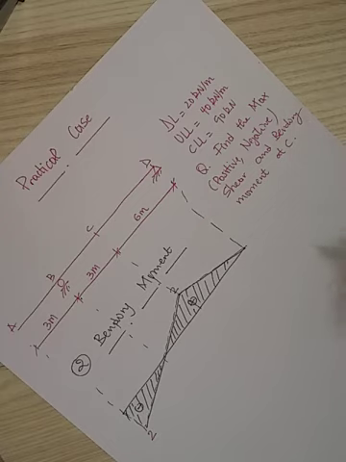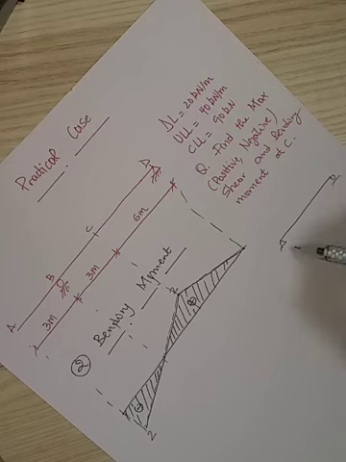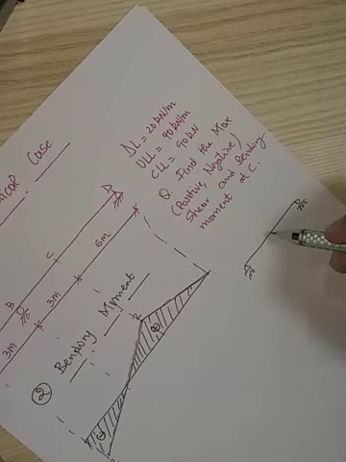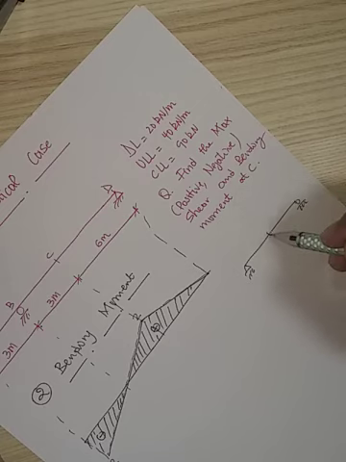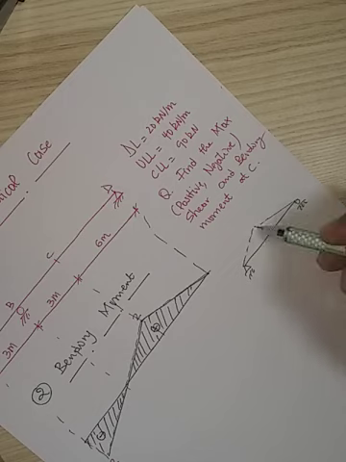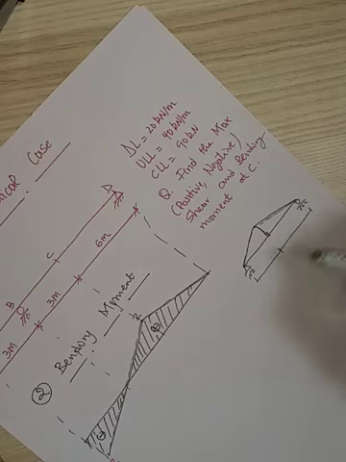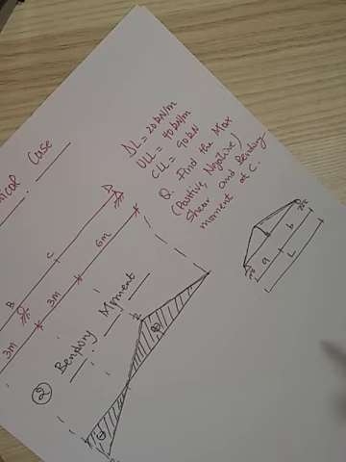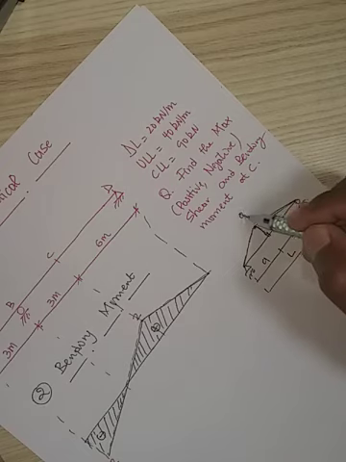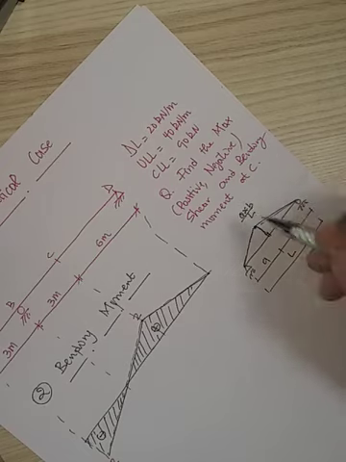To find this value, let's consider this simple supported beam. When you have a simple supported beam and we want to find the bending moment at this position, we have this shape. If you call this part A and this part B, and the total length is L, the magnitude here is A times B over the total length.